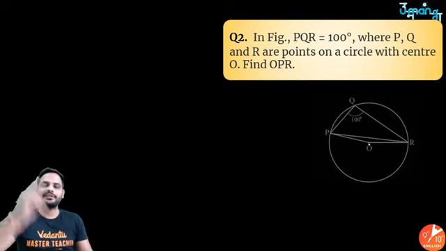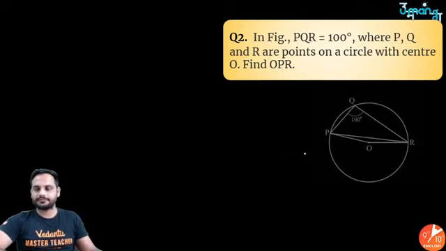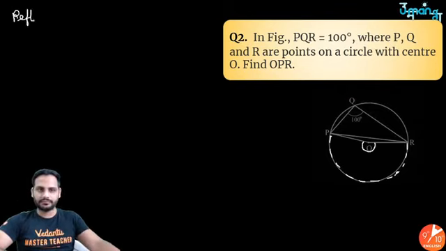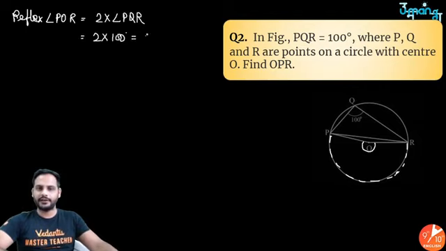So I will use the theorem that in this arc PQR, we have angle as 100 degree. If I talk about this arc POR, this is the reflex of angle POR. Reflex of angle POR will be equal to double of angle PQR, that is 2 into 100 degree, which is 200 degree.